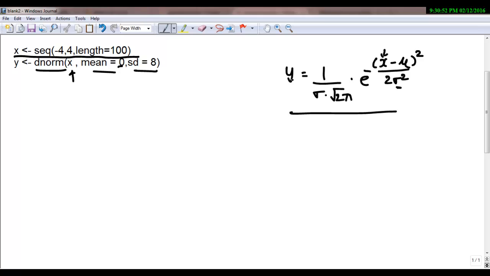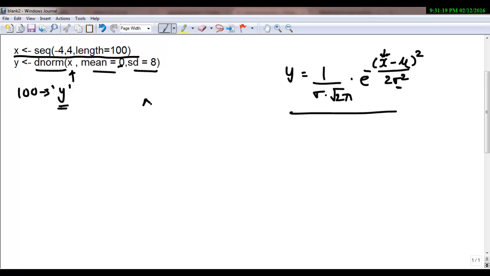So using all the parameters we have specified and this formula, we will get each y with respect to each number in the X array. So we will get a vector of length 100 having 100 y values.